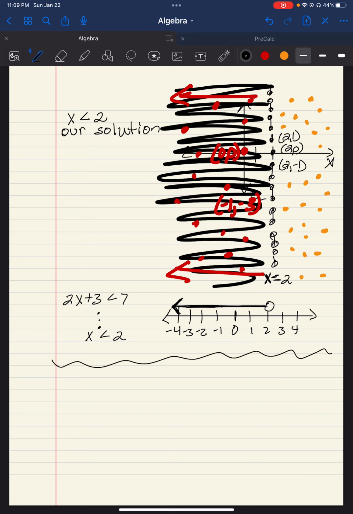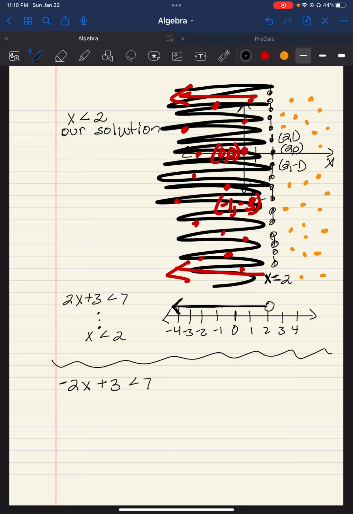Now, there is kind of a weird thing that happens, and I want to show you an example. It doesn't happen when you're dealing with equations, but it can mess things up when you're dealing with inequalities. So here's the last thing we'll talk about. Sometimes, say you have, let's give ourselves, -2x plus 3 is less than 7.